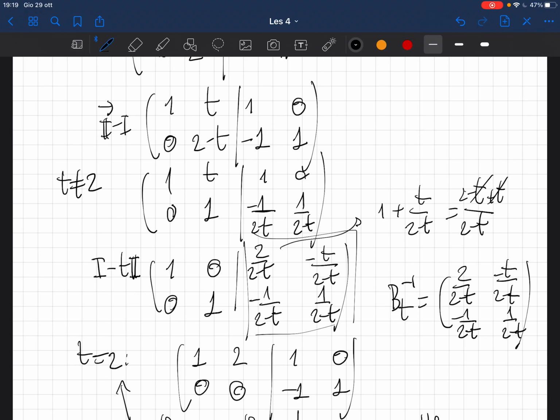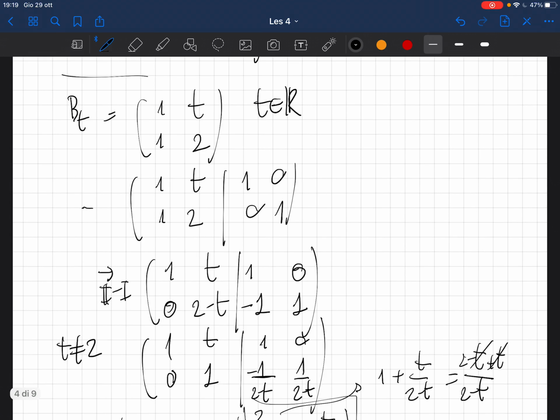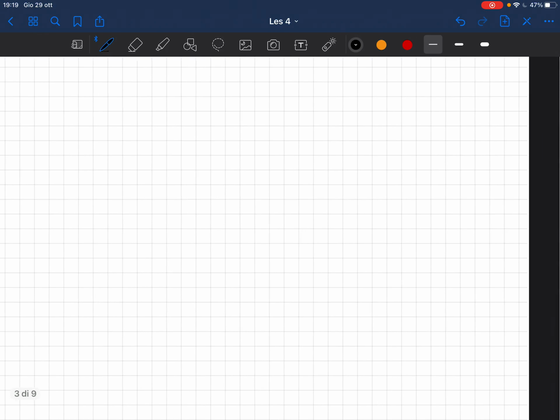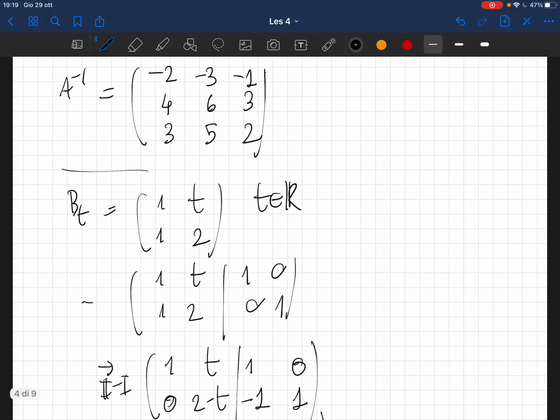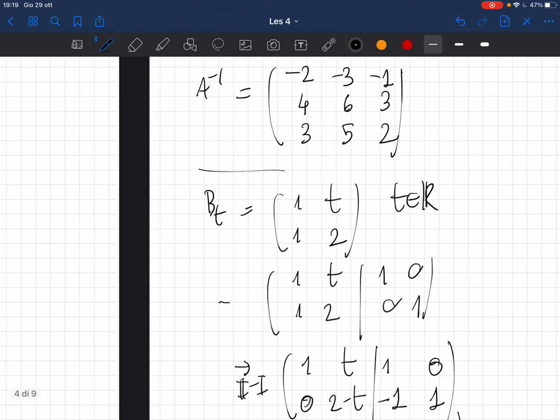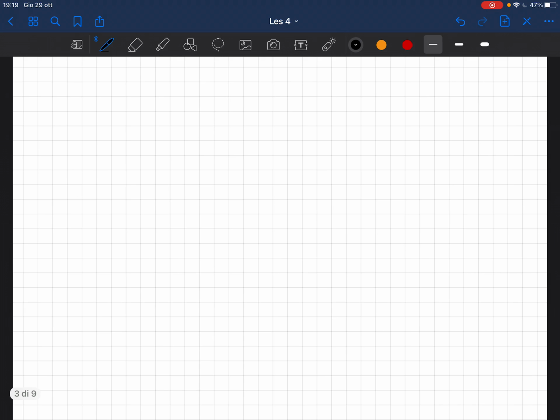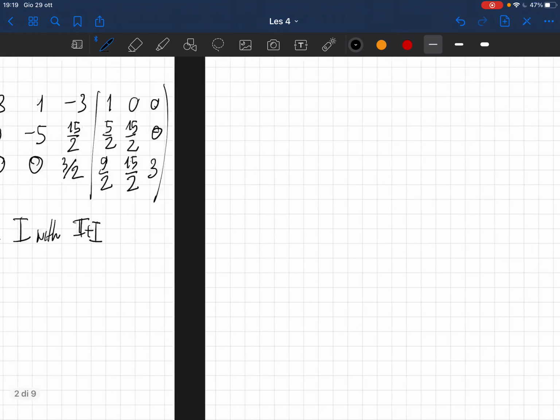So let's just rewrite it. And since fortunately it's easier, it's just a 2 times 2 matrix, it won't be as long as the A matrix. So yes, we just do this. Very good. Let's start.